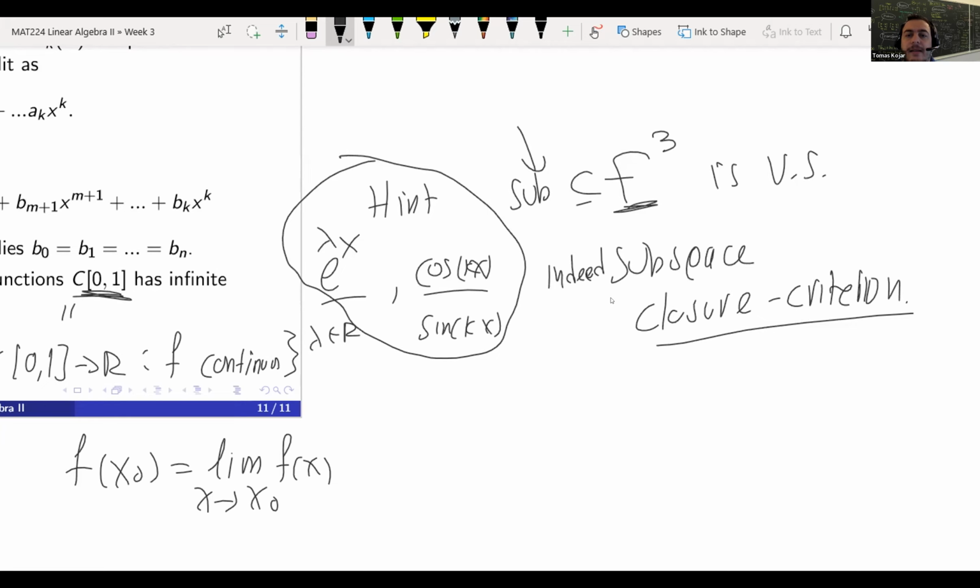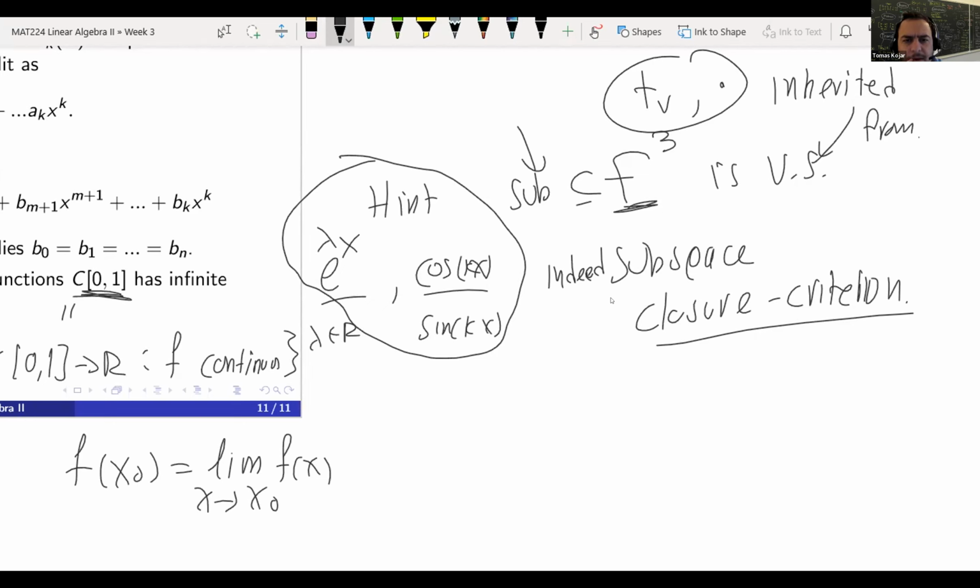The addition and multiplication are inherited from the bigger space. Is that okay, Kellyanne?